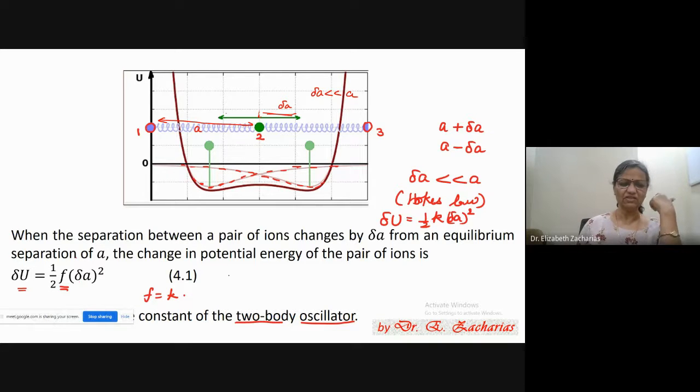Basically, we are just asking you to remember the equation: potential energy is equal to half kx squared, where k is your spring constant, f in the book, and your x is your delta a. So this is the equation. And because it's a displacement from 0, you can call this a small change in potential energy, delta U.